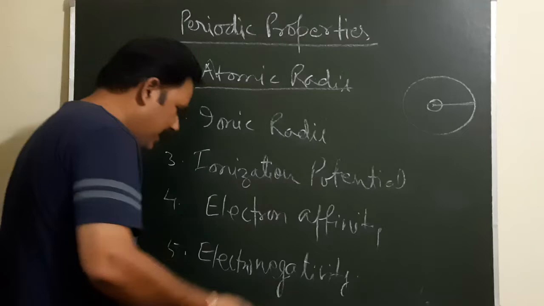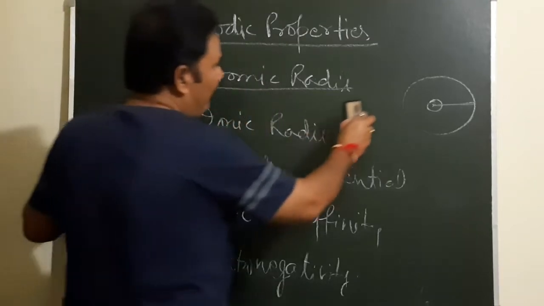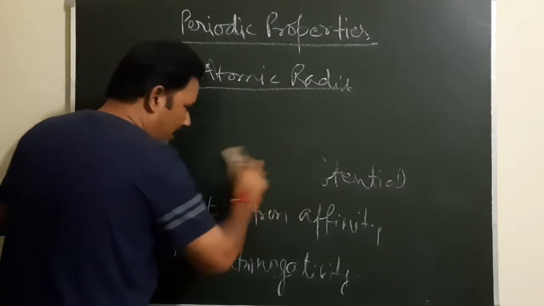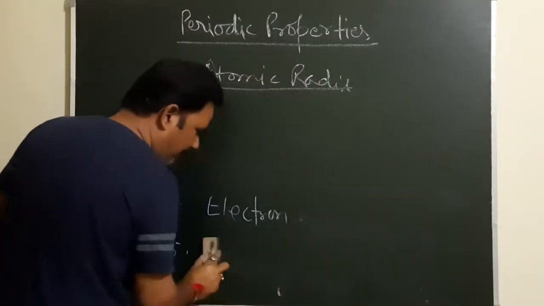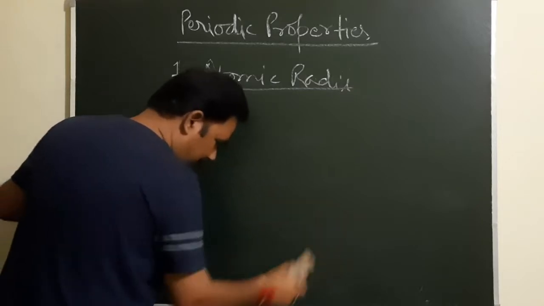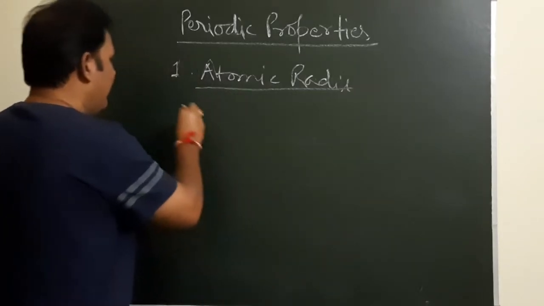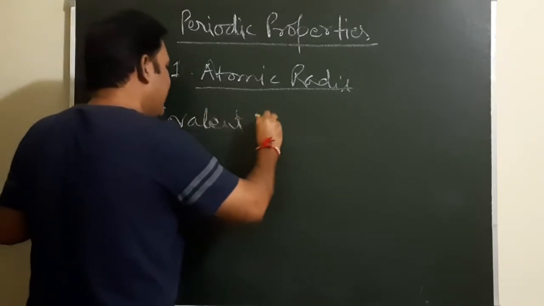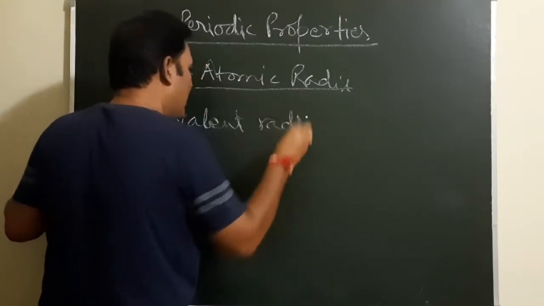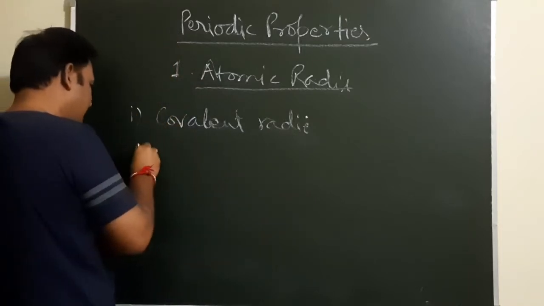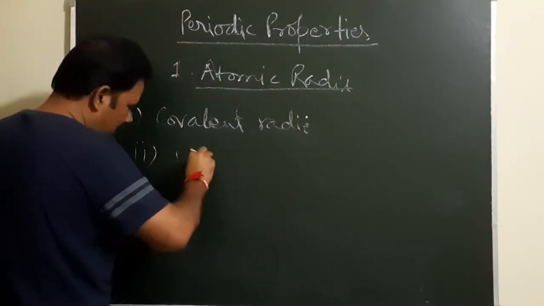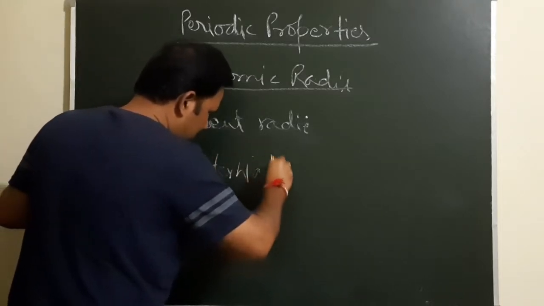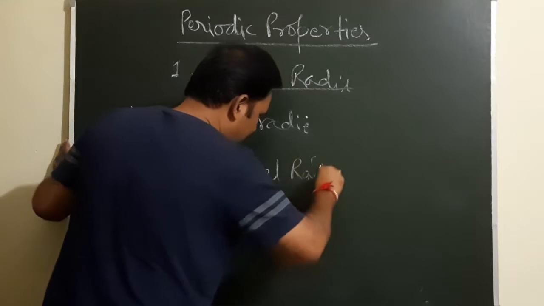This atomic radii can be further divided into the following parts. Atomic radii may be covalent radii, this is the first one. Second, van der Waals radii.